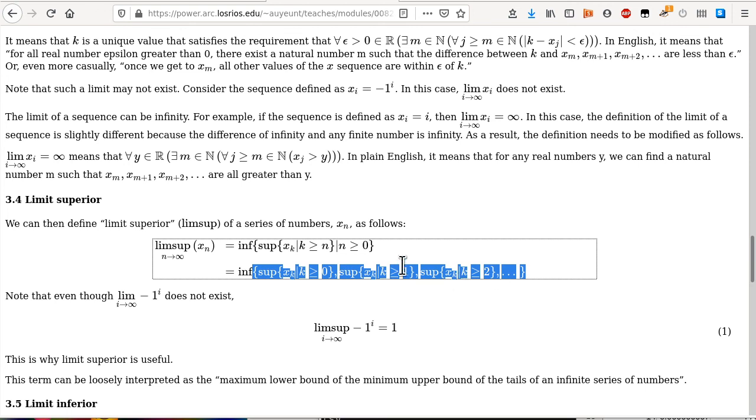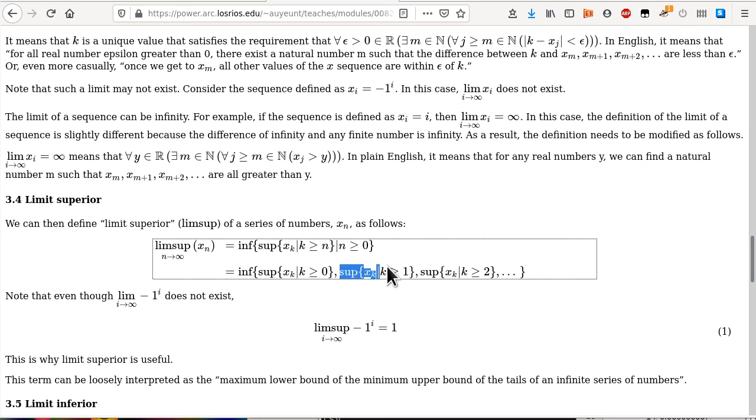In other words, we are taking the minimum of the maximum, starting with a different starting point of the sequence. Let me say that one more time. We are taking the minimum of the maximums of the infinite sequence, but starting at different points in the sequence. So this is the maximum of the infinite sequence starting at the very beginning.